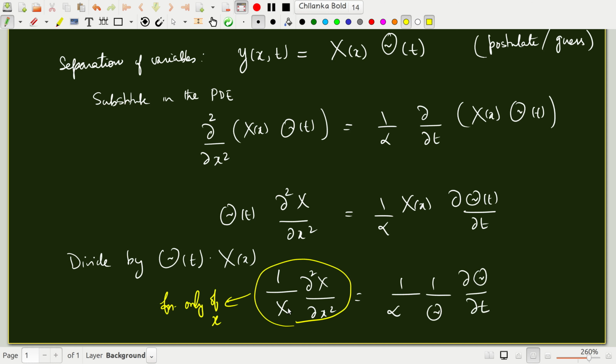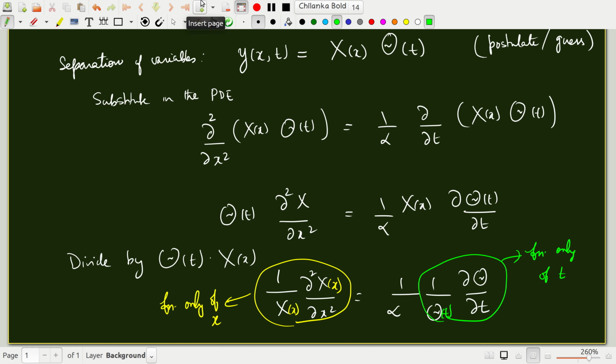Why? Because capital X is a function only of x, and its second derivative will also be a function only of x, whereas the right side is a function only of t, for the same reason that theta is a function of time and its first derivative will be a function of time.